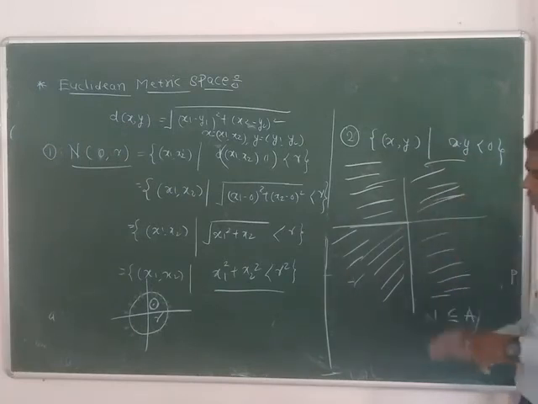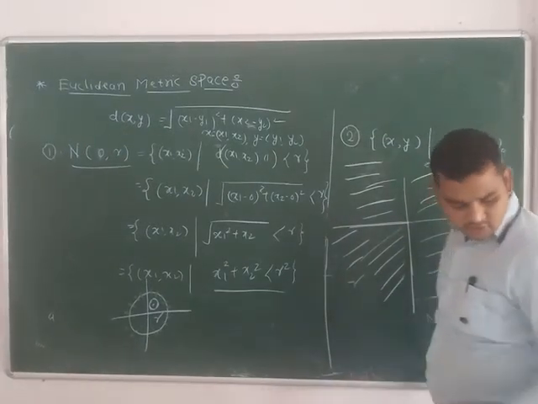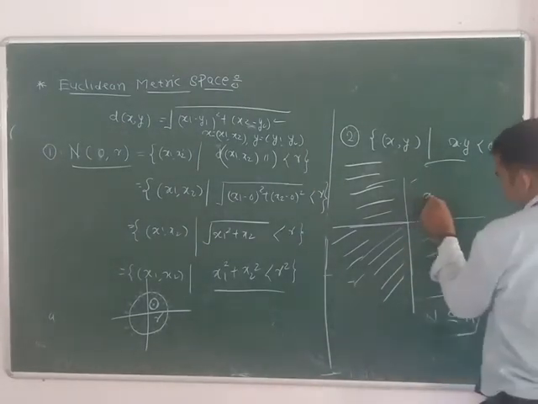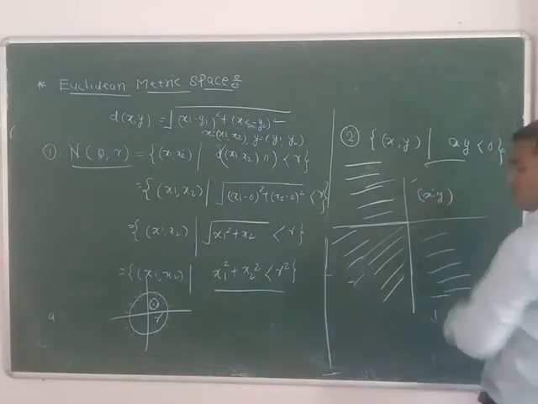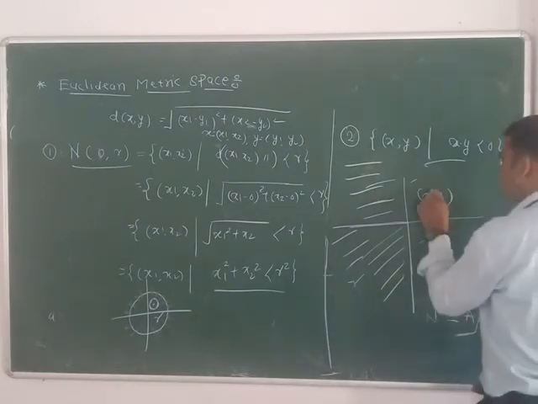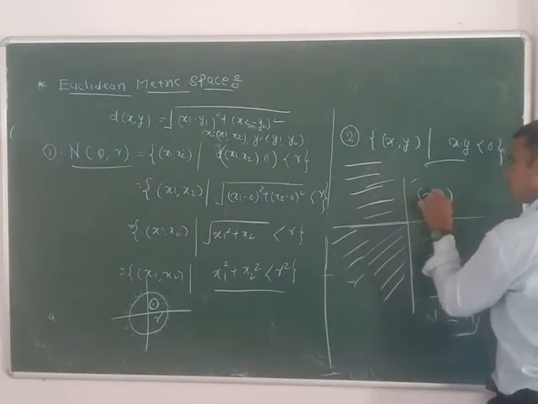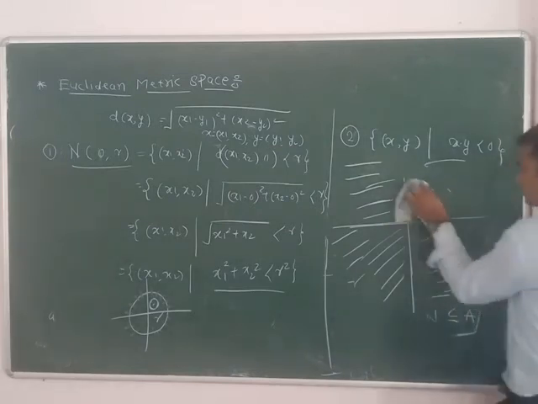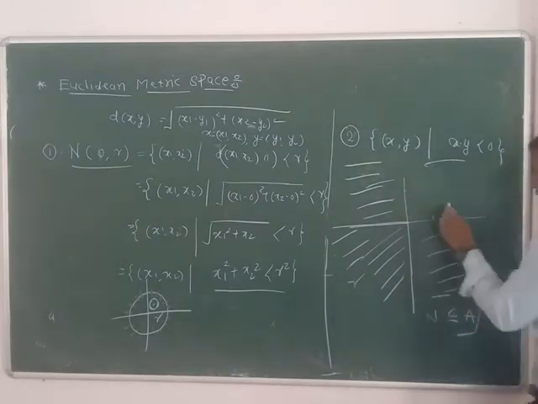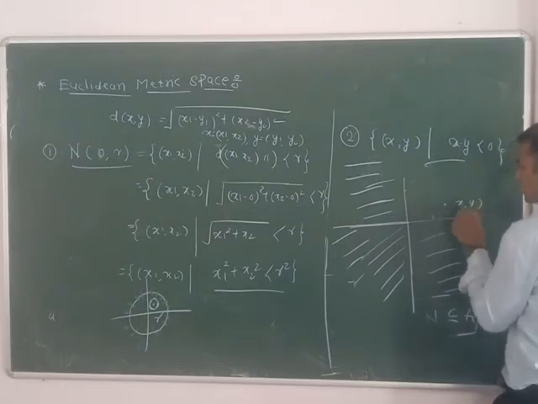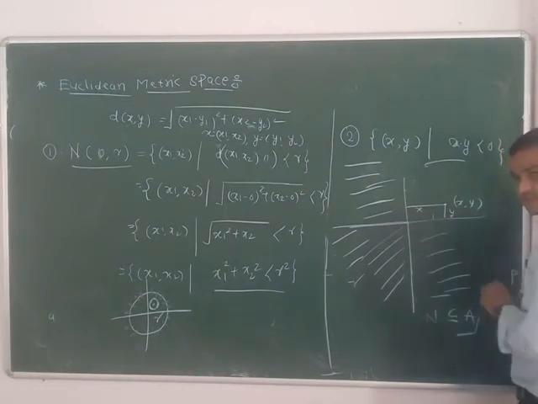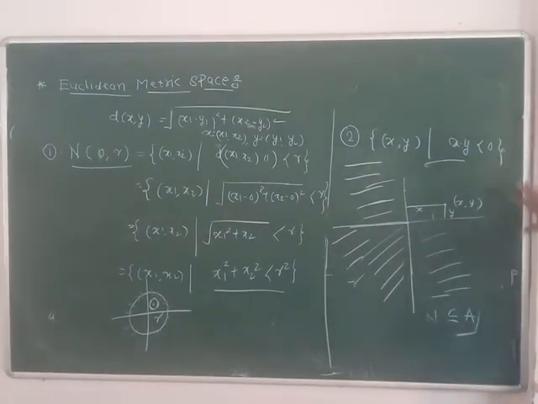This is open, because whatever point you are given, suppose this is the point (x, y), we have to draw the open ball. Here this distance is y and this distance is x. I have to draw the ball such that it completely lies in this region. So how will we choose r?